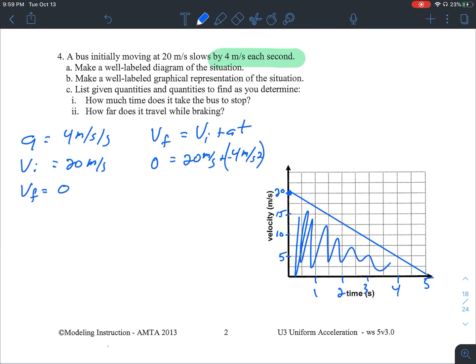It's a negative slope. The negative slope doesn't necessarily mean that it's slowing down. It just so happens to be that case in this problem. And also in this problem, if you look at the algebra, you'll move the 20 to the other side of the equation and just divide by 4, and you would still get a time of 5 seconds.